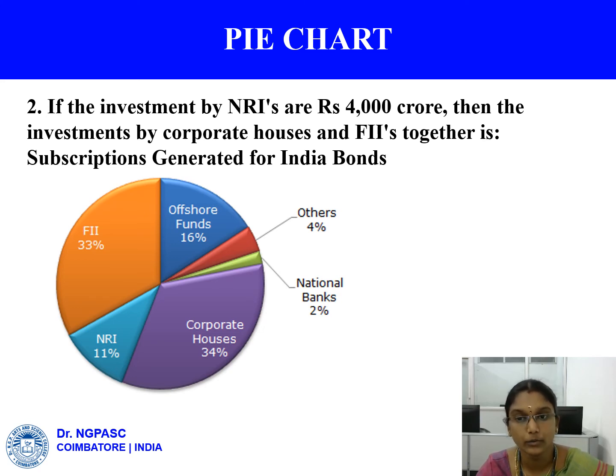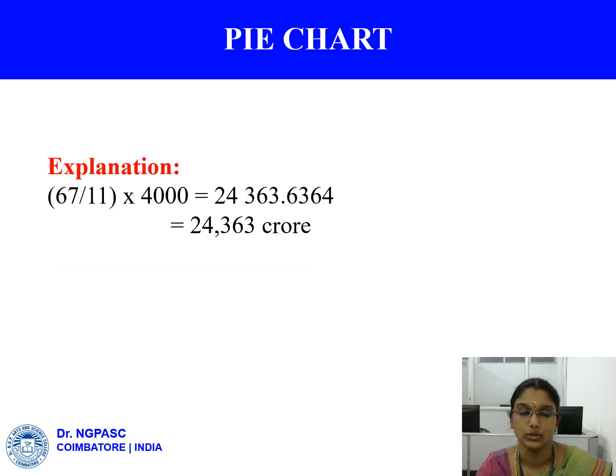We have to find the investment by corporate houses and FII together using the NRI investment, which is 4,000 crore. See the solution: 67 divided by NRI's 11, into 4,000, is 24,363.6364. So 24,363 crores.